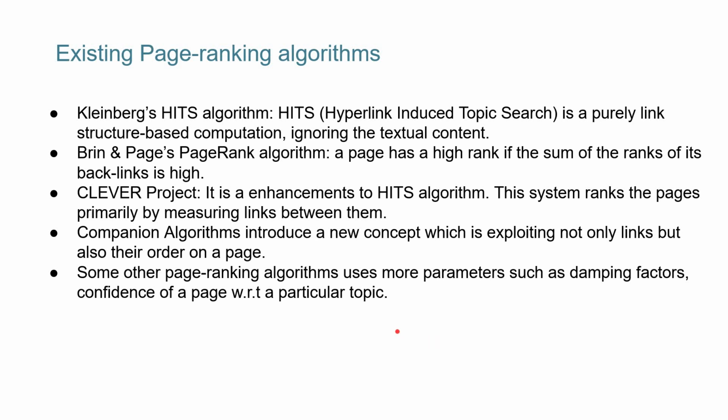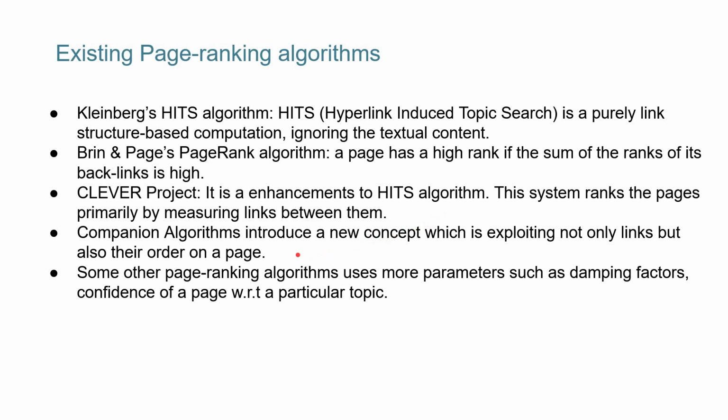Another very common one is the Clever project. It mainly emphasizes enhancements to the HITS algorithm, hypertext classification, focused crawling, mining communities, and modeling the web as a graph. This system ranks the pages primarily by measuring links between them.